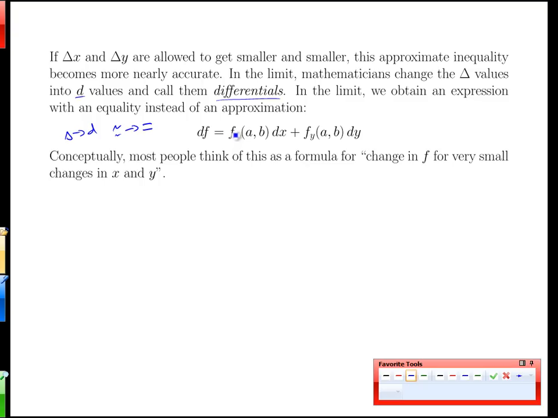In practice, we still use finite values for dx and dy for most cases, and this becomes back an approximation, but we just wanted to introduce this notation because it is commonly seen in applications later on in life. Most people in practice think of this as a change in f, so delta f, for very small changes in x and y.